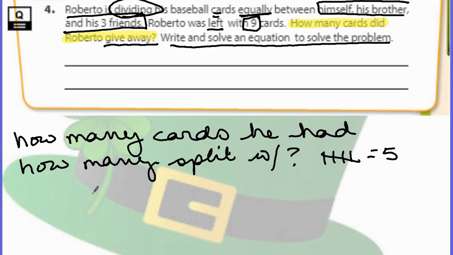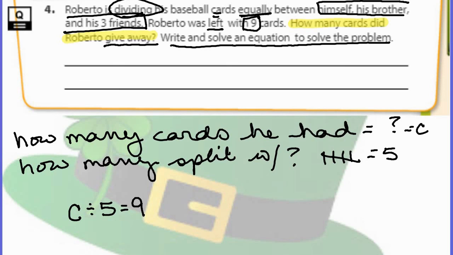Alright, so I know that I'm dividing, and I don't know how many cards he had. So I'm going to let that be represented by C. I can take the amount of cards that he had, divided by his 5 friends, and he should have been left with 9 cards. Being left with 9 cards means that he got 9 of those cards.